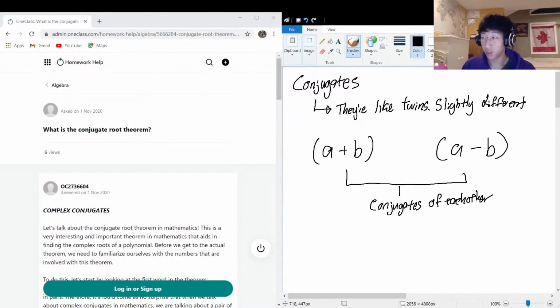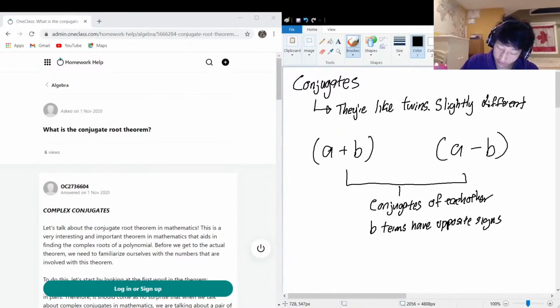What you can see is that the only difference is that the B terms have opposite signs. A terms have the same sign.